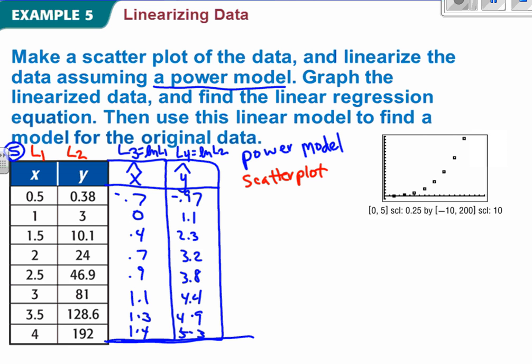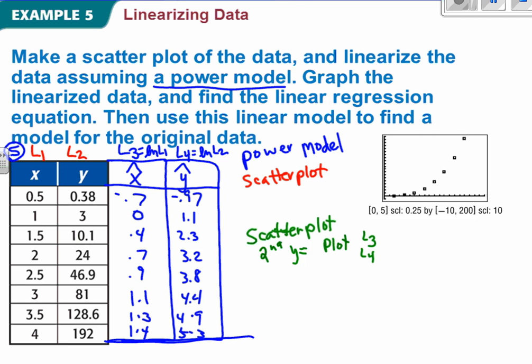So we have made the scatter plot, and now I want you to graph this linearized data. So now you're going to make a scatter plot, and when you do this scatter plot, you're going to use which lists? List 3 and list 4. So for this scatter plot, you have to go to second, y equals, and go to the scatter plot and just keep using that plot 1, but you have to have it say list 3 and list 4 as the lists.